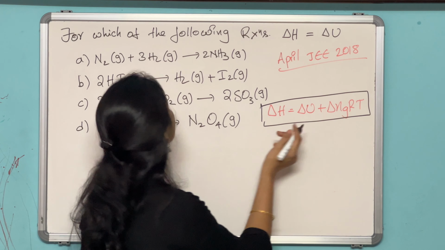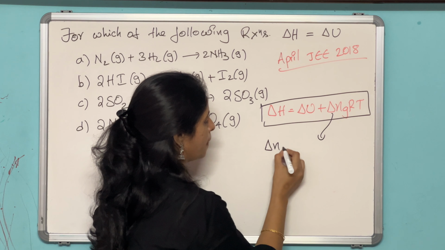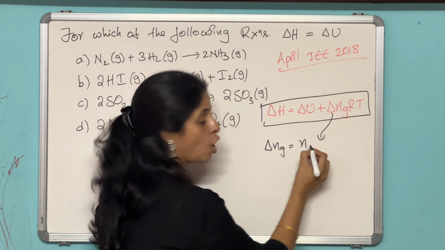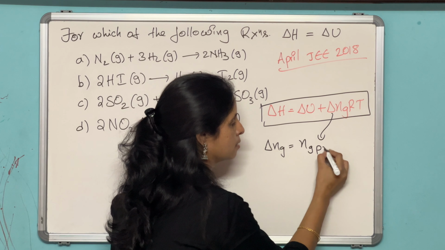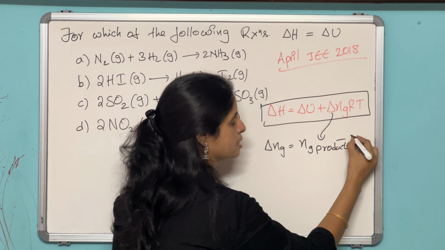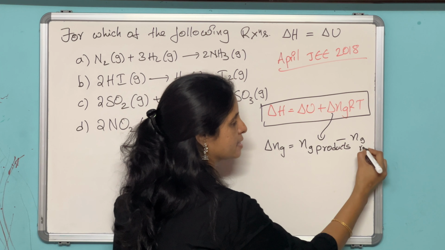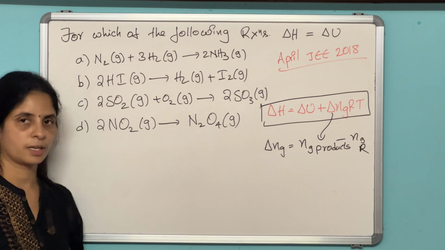Here, delta Ng is the number of moles of gaseous products minus the number of moles of gaseous reactants. Clear?